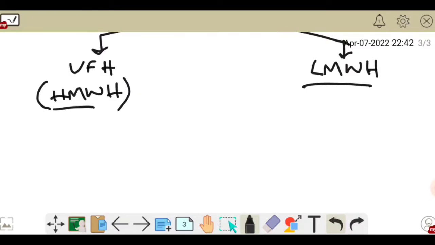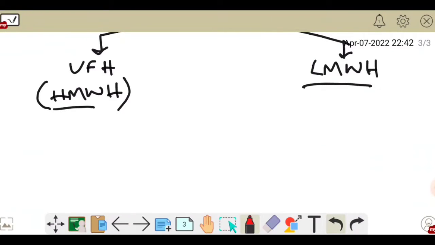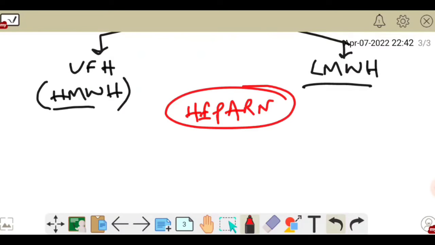What is the meaning of high molecular weight or low molecular weight? From the name it is very easy to understand that high molecular weight heparin has a quite high molecular weight, and low molecular weight heparin has a quite low molecular weight. But we have to know why it is so. So let's understand. In a normal heparin molecule, there are two parts.